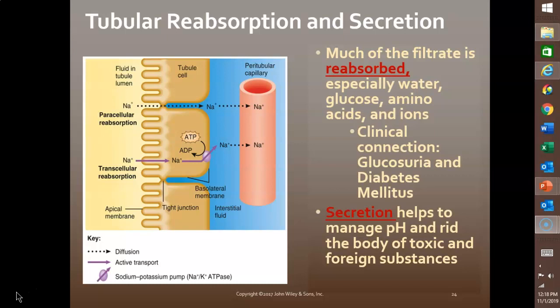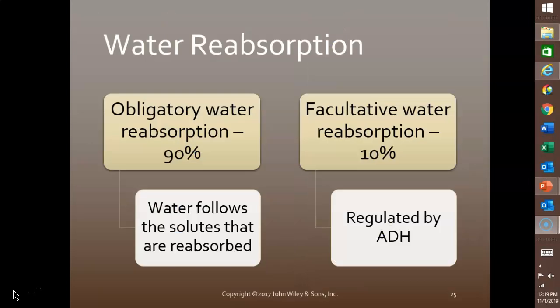So things that we don't want to keep in the body move from the blood into that filtrate. These include hydrogen ions, ammonium ions, creatinine, and drugs. So tubular secretion has two important outcomes: the secretion of hydrogen ions that helps to control blood pH, and the secretion of other substances so we can eliminate them from the body in the urine.